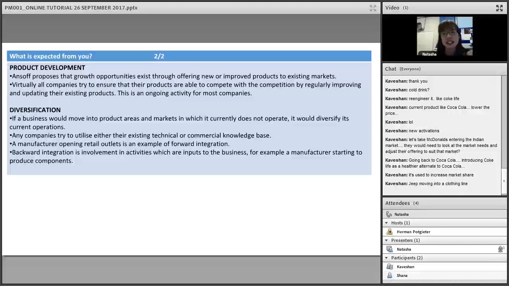Yes, fantastic. You've got it. Well done. Kavishan has said, as an example of diversification, Jeep moving into a clothing line.